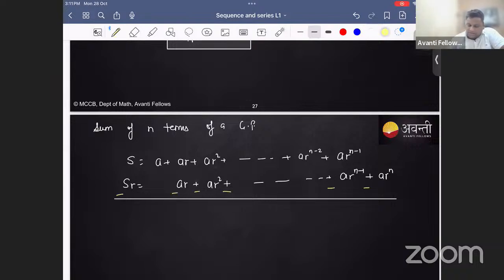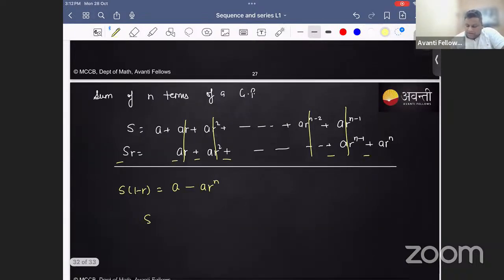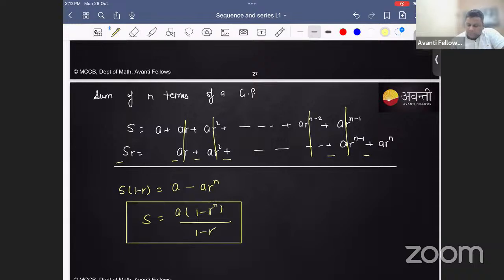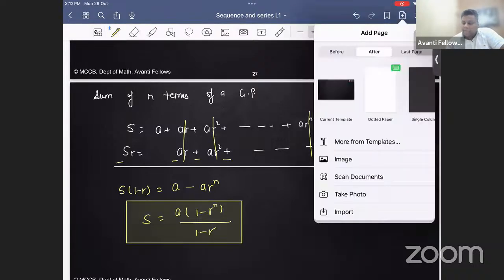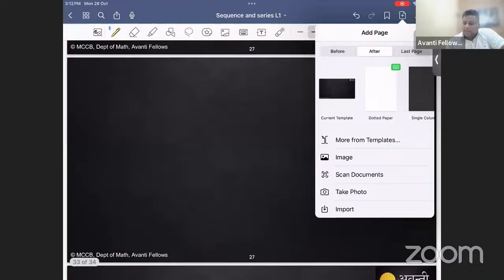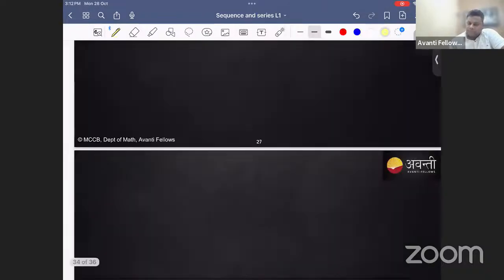The AR square, this and this, they all will cancel. So 1 minus R times S will be A left here and the last term AR to the power n left here. So S is A times 1 minus R to the power n upon 1 minus R. Got it?